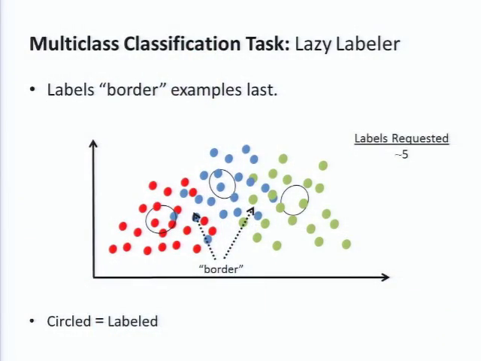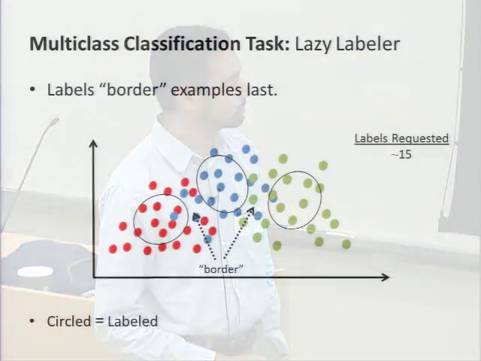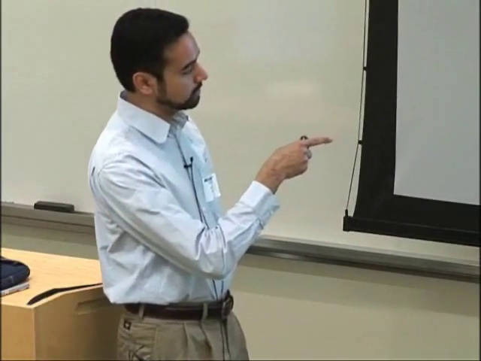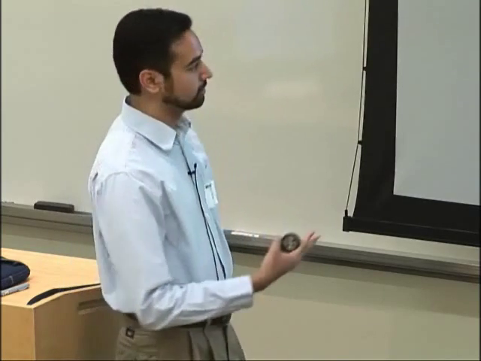So the labeler labels examples on the border between two classes last. As the number of examples whose labels are requested increases, the labeler labels examples in increasing order of distance from the centroid of the class cluster. That's the precise definition we're using, but generally this labeler is avoiding the border regions, which are the harder examples. This is a guy who's reluctant to label hard examples.